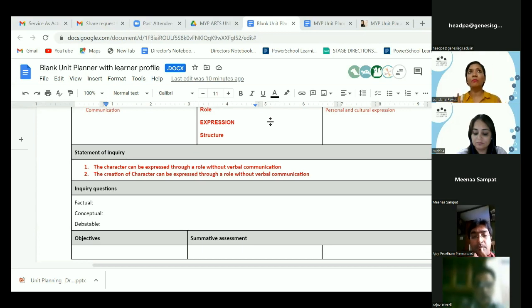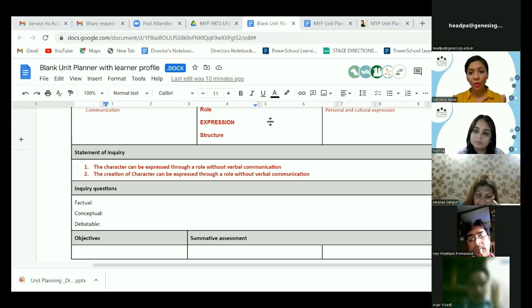So I would just like to share my personal experience here. The first unit planner that I created like 8 years back was exactly like this, very basic. But gradually over the years, after preparing unit plans, after discussing, getting feedback, attending workshops, we understood how to structure our unit plans in such a way that they are rich in terms of IB terminology and rich in terms of our content.